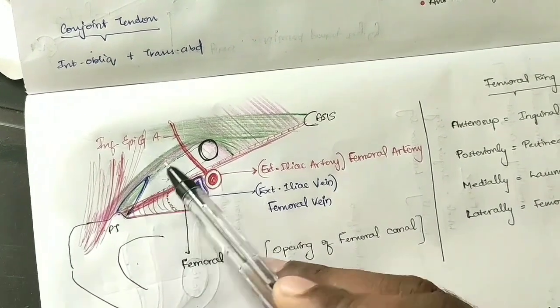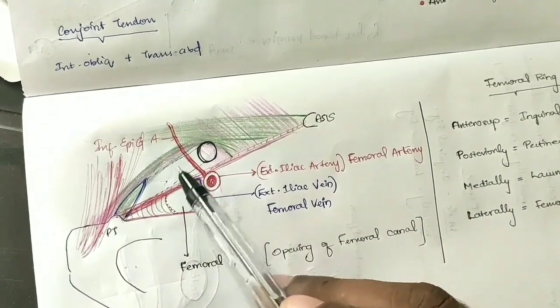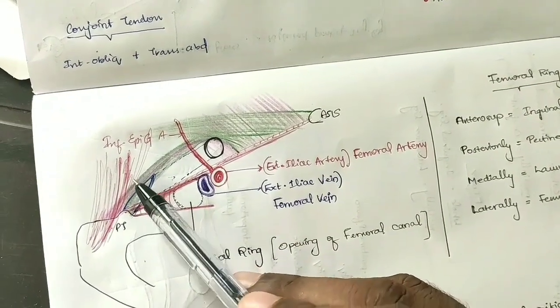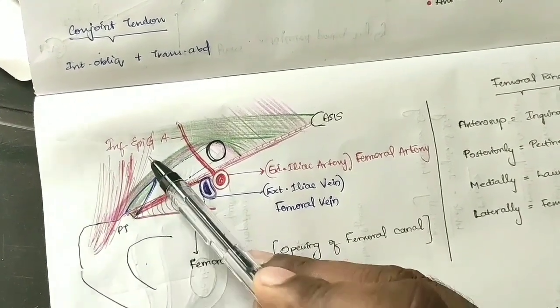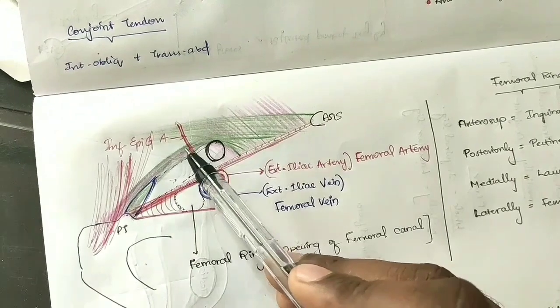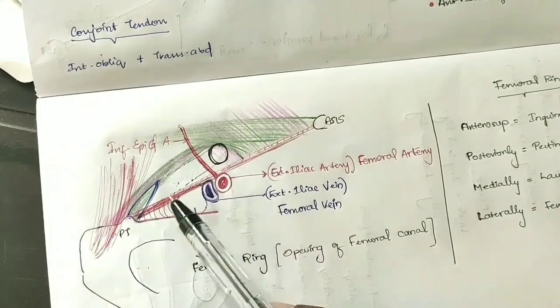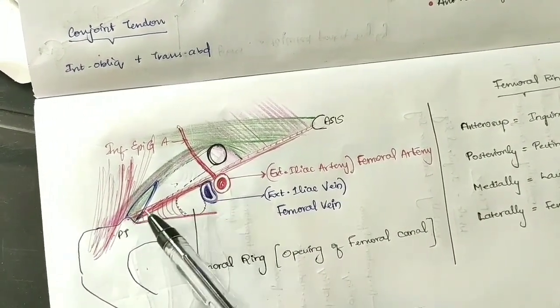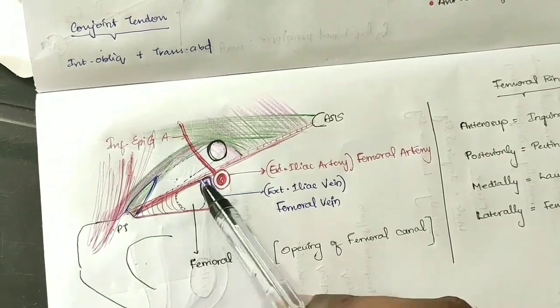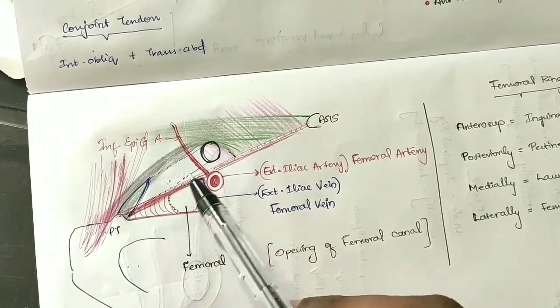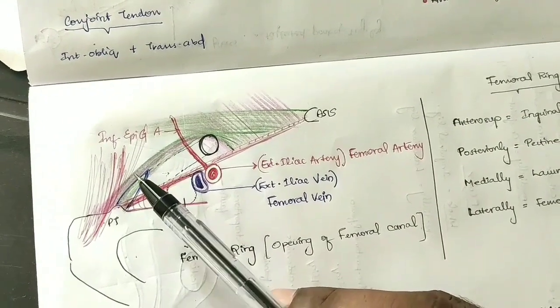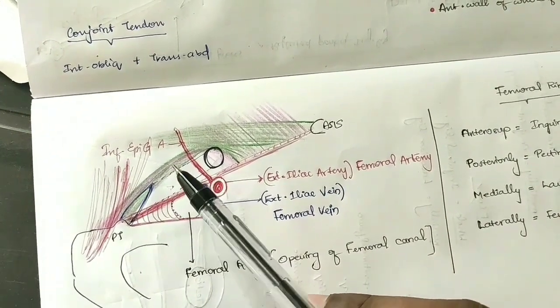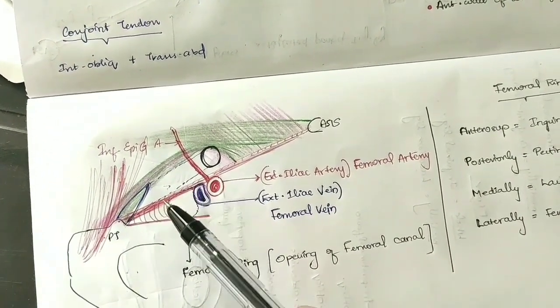And here it forms a Hasselbalch's triangle. That is, Hasselbalch's triangle is bounded medially by the lateral border of the rectus abdominis muscle and laterally by the inferior epigastric artery, and just below it is the inguinal ligament. And that's an imaginary triangle, Hasselbalch triangle. And we assume that this triangle is the weakest part.